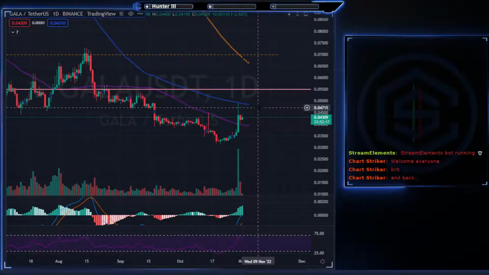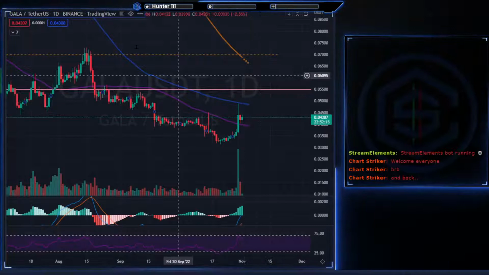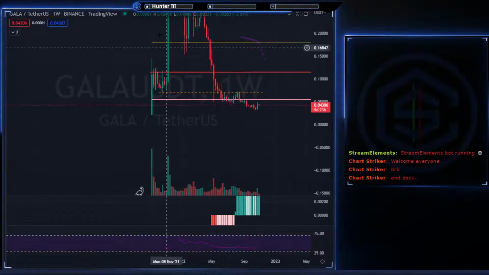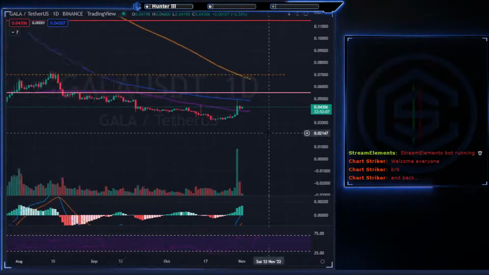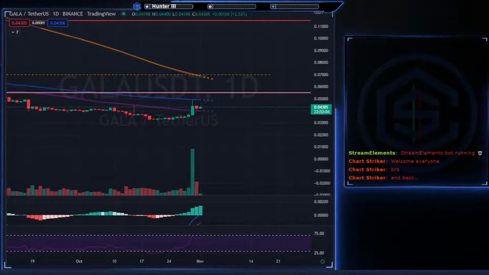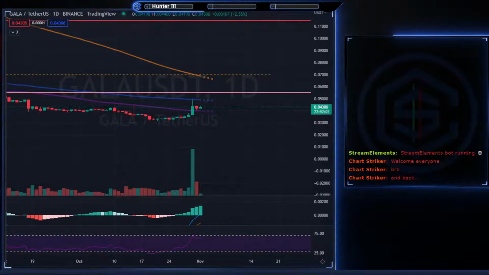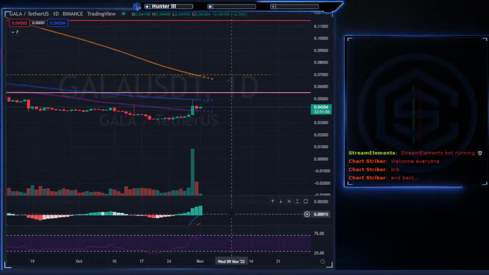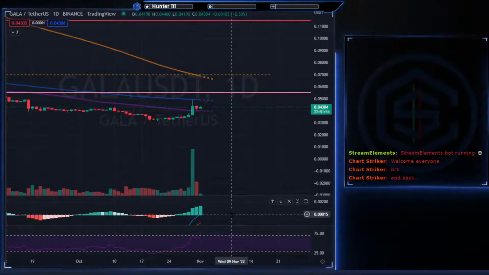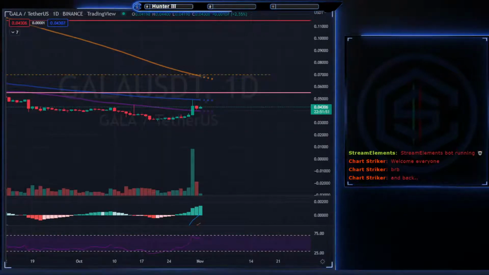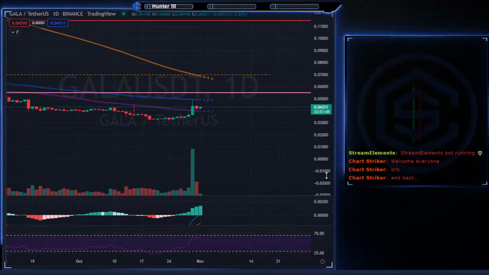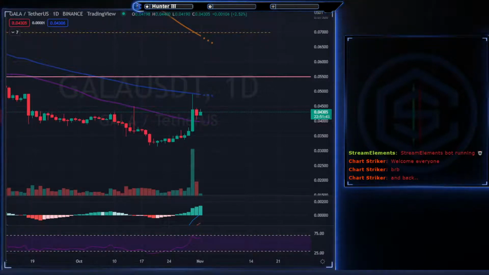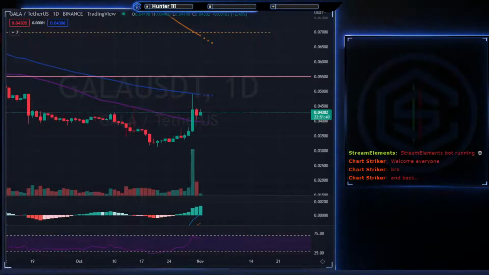But anyway, Gala is not looking that bad on the daily. Let me see now. We are at resistance levels right around 0.045, okay?